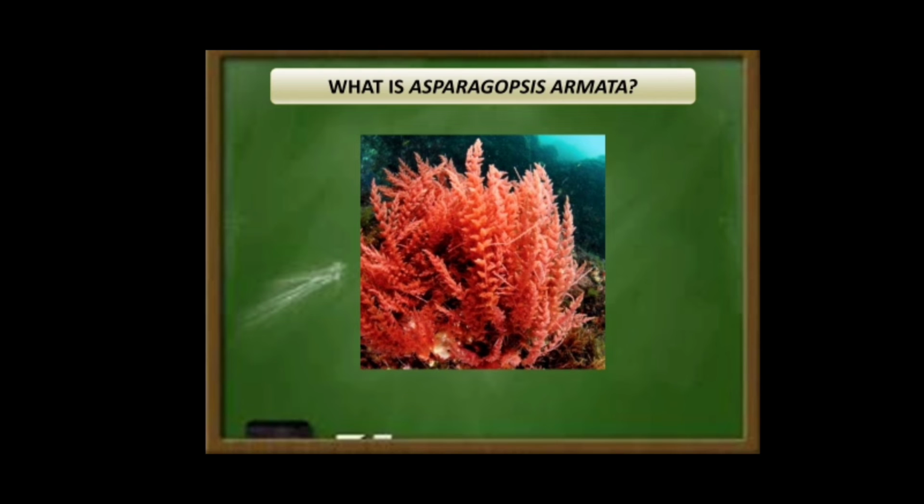This species was first described in 1855 by Harvey, an Irish botanist who found the algae on the western Australian coast. Marine algae like Asparagopsis armata are considered autogenic ecosystem engineers, as they are at the very bottom of the food chain and control resource availability to the other organisms in the ecosystem.